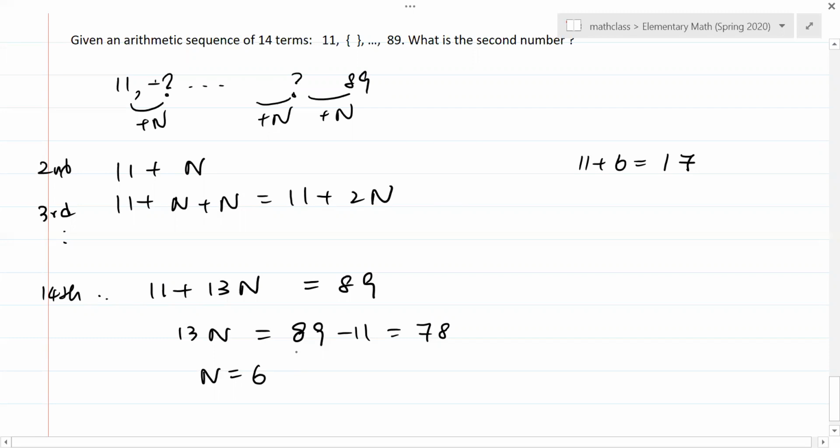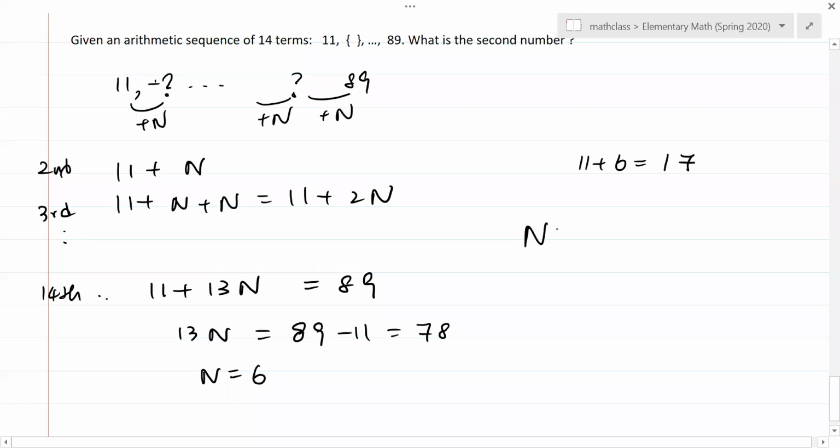Maybe we can even find the formulas again. The difference of two numbers divided by, not the number of terms, divided by 14 minus 1, which is 13, gives a number.